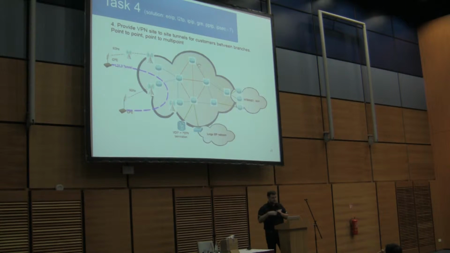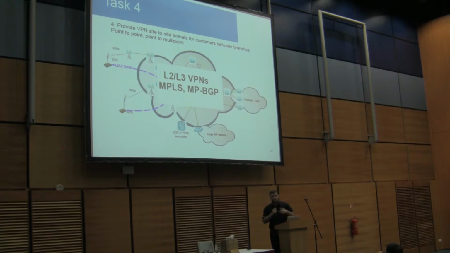And here is a small jump, but it is also from the same field. We need to provide layer 2 and layer 3 tunnels for end users, for customers, just for enterprises, not for other ISPs. We can use the same topology, and we will provide multi-protocol BGP tunnels: layer 2 tunnels, VPLS, or layer 3 VRF tunnels.